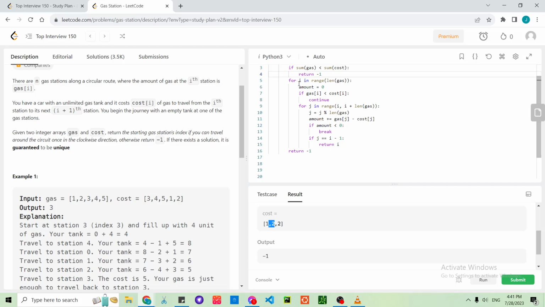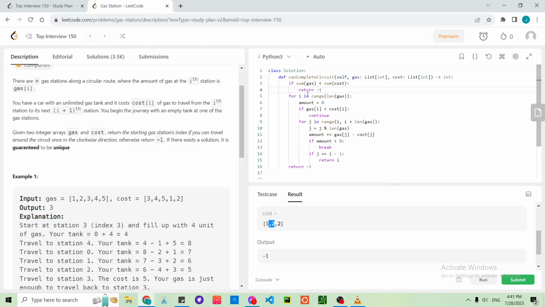Start from 0. Okay. j goes from 0 to 0, 1, 2. That's what j is going to be. Amount is here 3 minus 1, so 2.